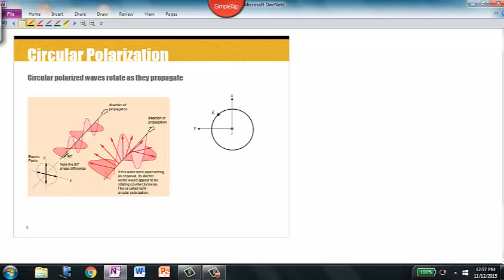The E field is spinning around the direction of propagation. You have to imagine that this vector is spinning like the second hand on a clock around this axis of propagation as it moves. So it's actually forming a helix, but if you were to look at it in two dimensions, it looks like a circle.